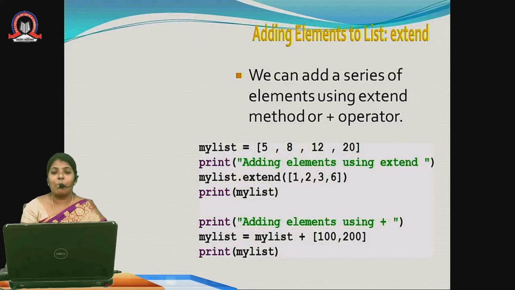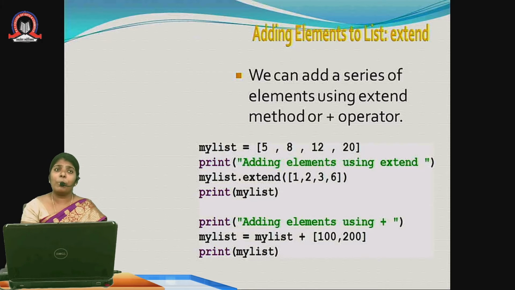Already in my list 5, 8, 12, 20 is there. So it will be extended with 1, 2, 3, 6. So 5, 8, 12, 20, 1, 2, 3, 6. So the two lists have been extended.